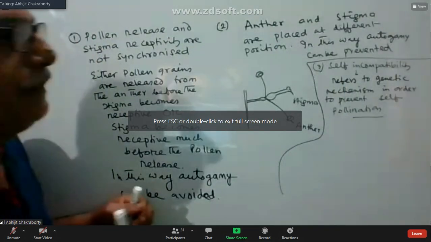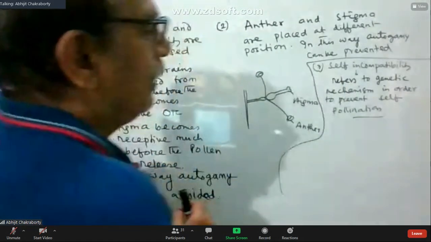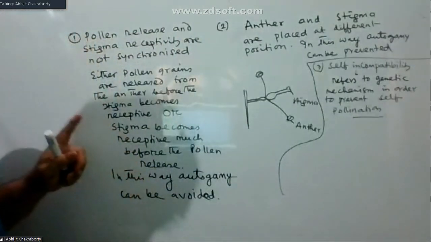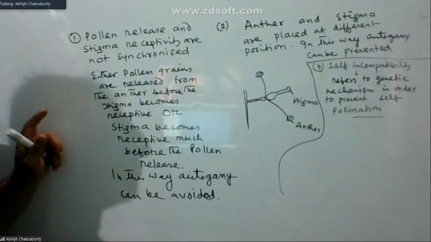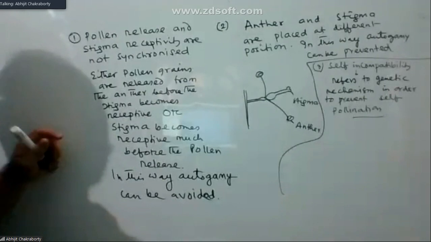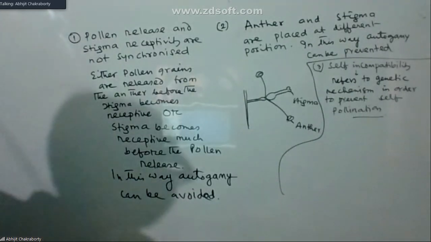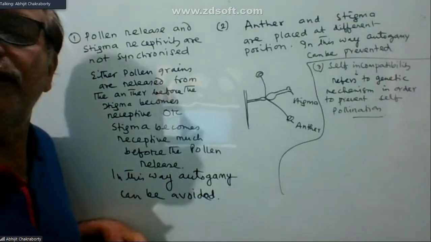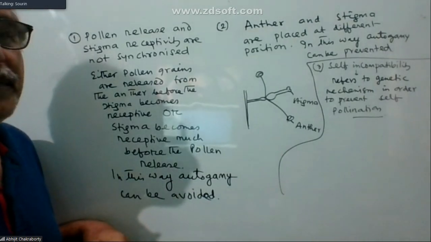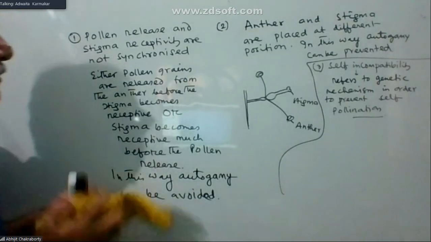And what is this mechanism? I am showing you. Can I grab this part? The pollen release and stigma receptivity, point 1. Can I grab point 1? Yes, sir. Thank you.